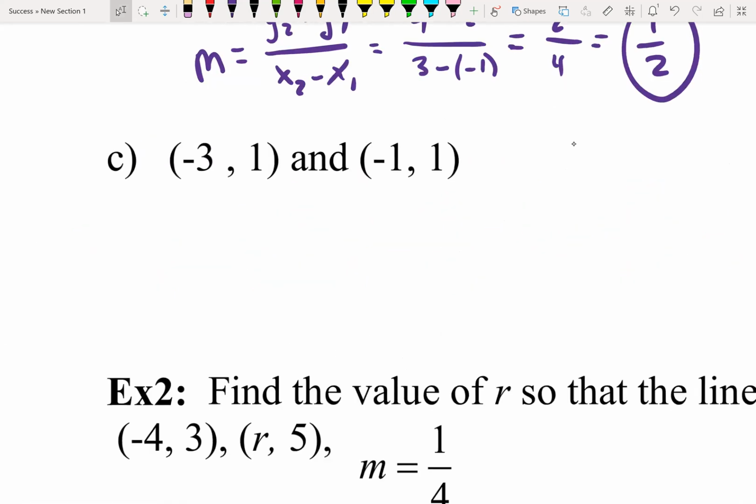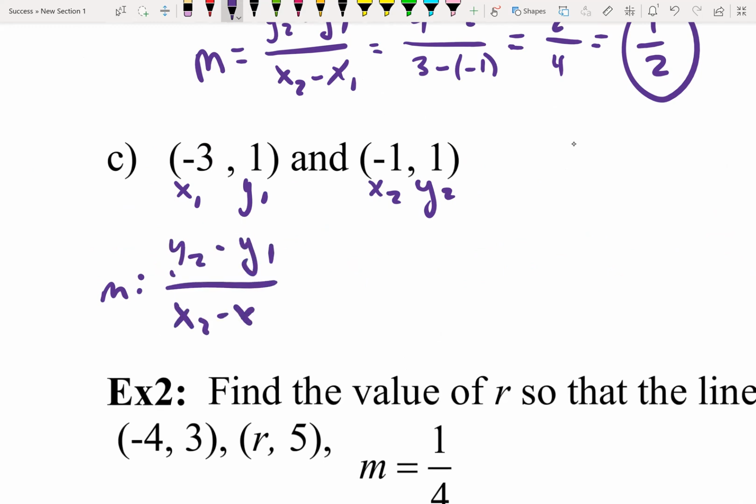For C, same thing. We're going through, we're labeling our x1, y1, x2, y2. So we've got our slope is y2 minus y1 over x2 minus x1. I always write the formula over and over again, just so I get in the habit of remembering it. I've got 1 minus 1 over negative 1 minus negative 3.